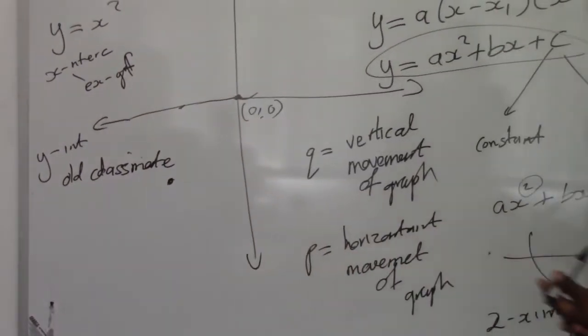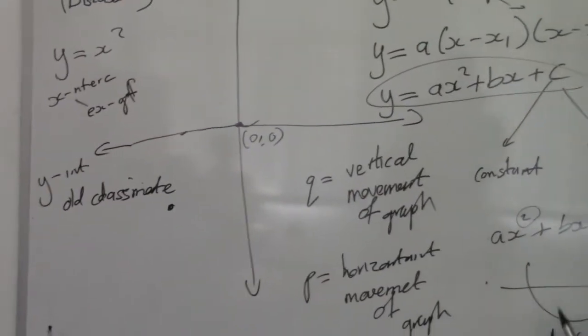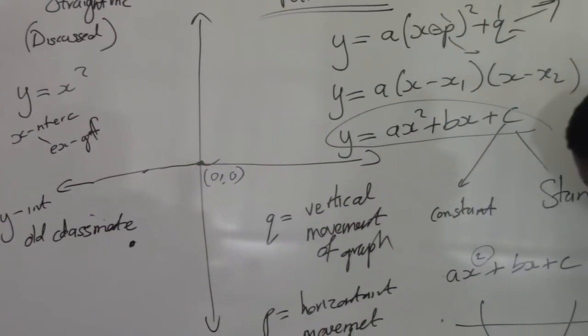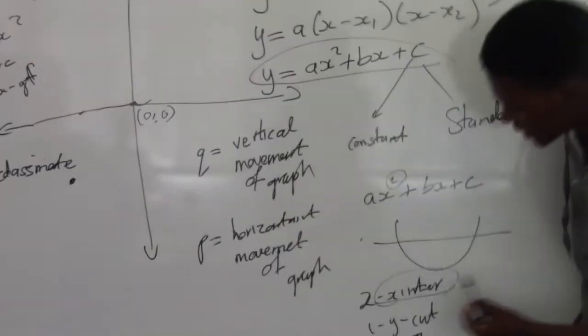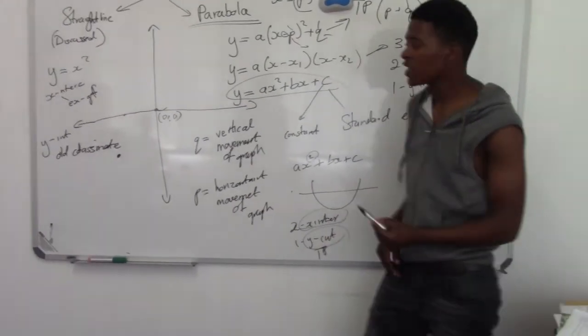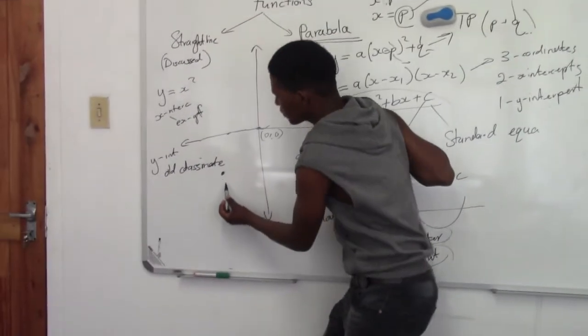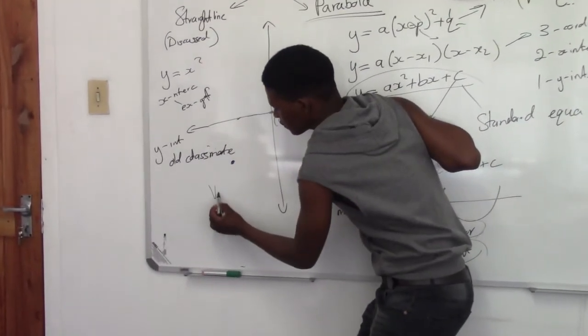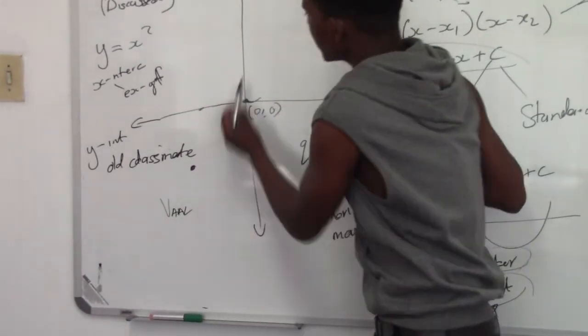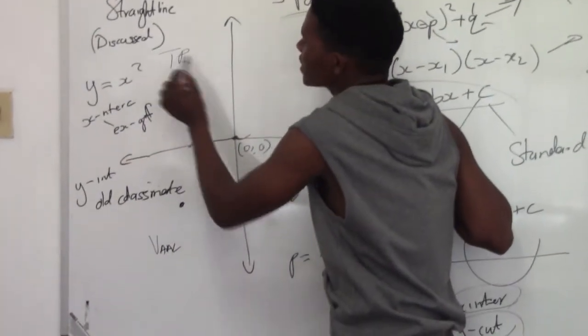Because I'm having a quadratic, I have to pass at least 2 x-intercepts and I have to pass the y-intercept. So now, I'm moving from Val to Mpumalanga. Let's say my turning point is a taxi rank.